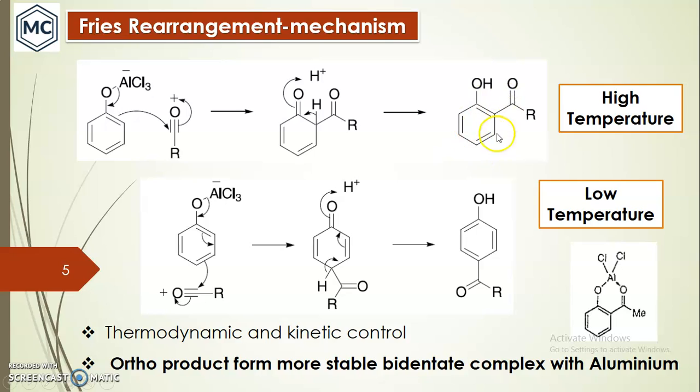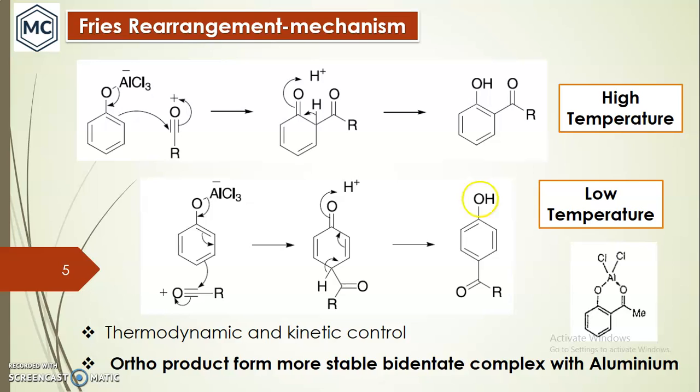And you can say of these products one is thermodynamically controlled and another one is kinetically controlled. Kinetically controlled means you get the product faster. Thermodynamically controlled means you need heating. It may take some time to react, and the product will form after some time, but at the same time, this will be highly stable.